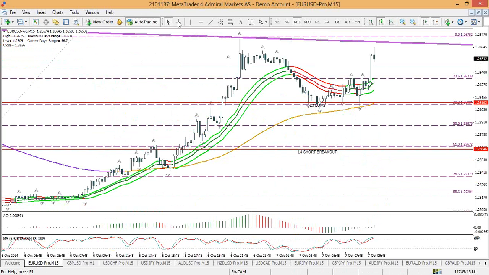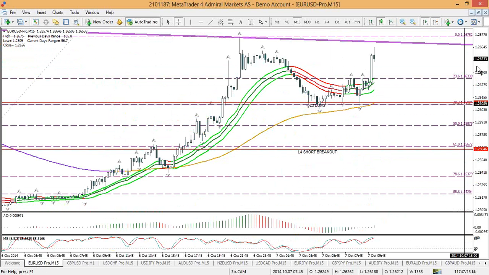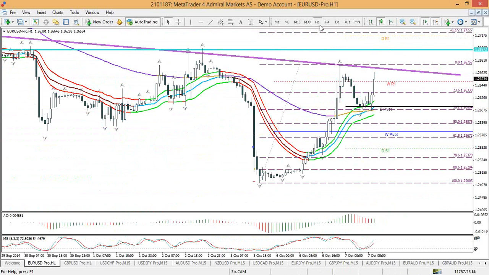So let's see, the euro dollar. Let's see, 26.97. I guess so. It's possible. It's an H3. It is a resistance.